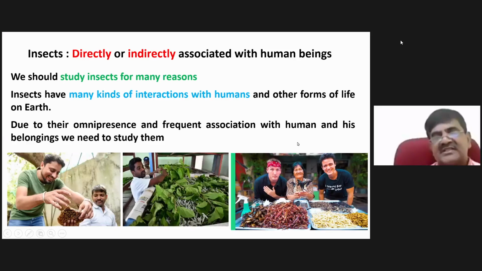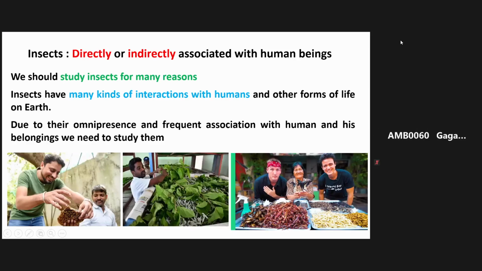Especially during evening hours, they go out to insect markets, like how we eat pakoda in the evening. People eat these insects as chats in these markets. These markets are present in Thailand, Bangladesh, and China. So insects form important nutrient sources.